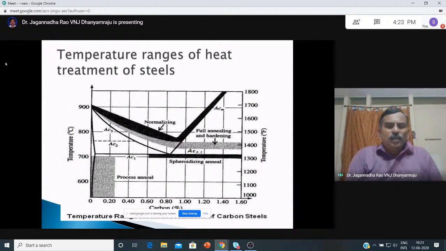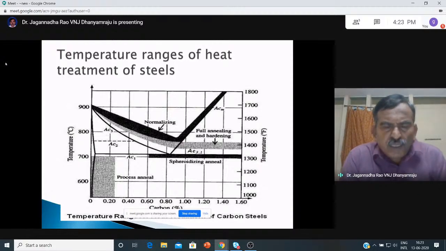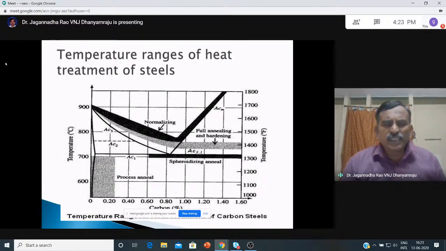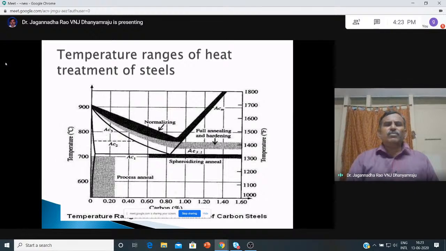Okay, and we are discussing hardening. See, I told you that the hardness given by cementite, as in the case of high carbon steels, is not sufficient for many engineering applications, such as when you need abrasion resistance or for cutting tool applications.